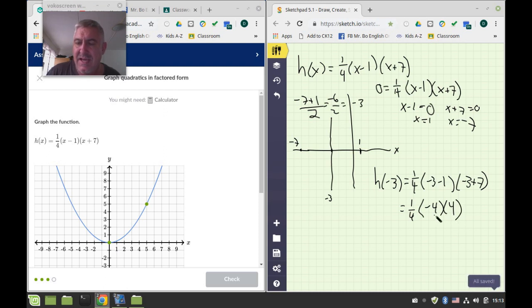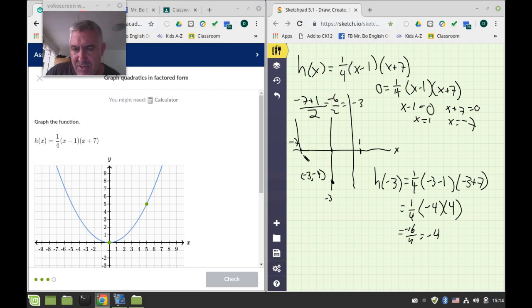That's pairs. And if we didn't have this coefficient up front, then this would get all boring, and they would just be perfect squares, right? But it's not. So we're going to divide by 4. So that is equal to -16/4, or -4. So there's my vertex right there, and it is at -3, -4.